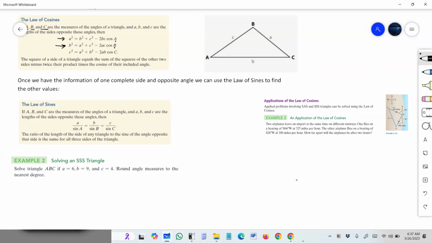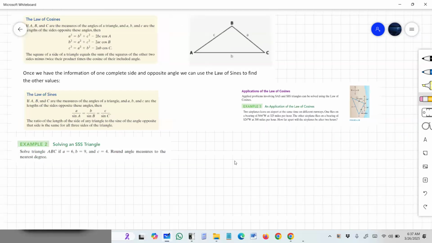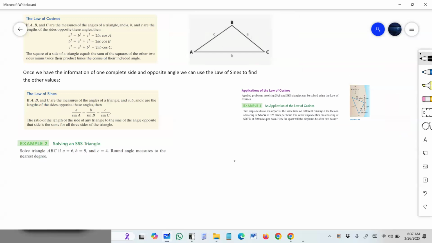All right, so let's take a look at the second case. So here's the second example, right?